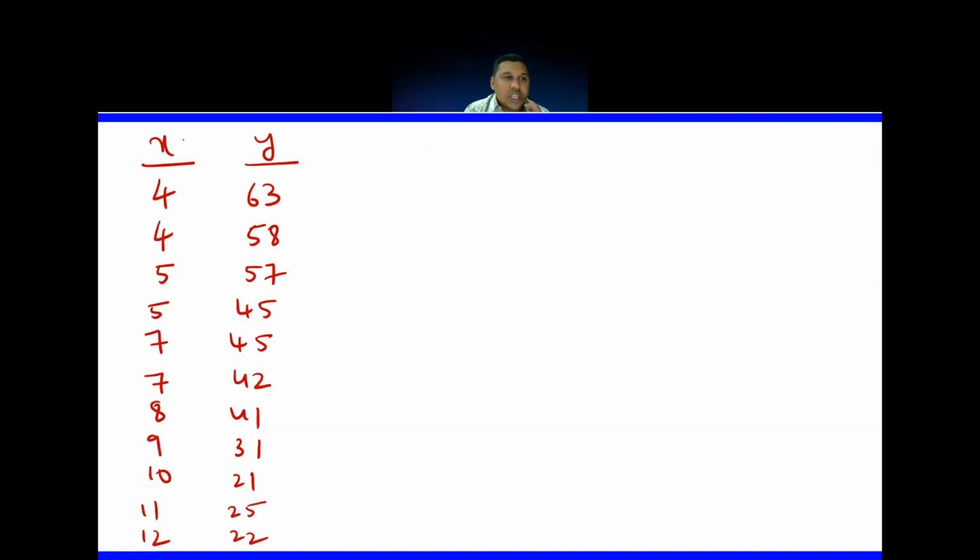You see this is the age of the car and this is the price of the car. So for a second hand car, if it is 4 years old, its price is around maybe 63,000. You may assume in that way.